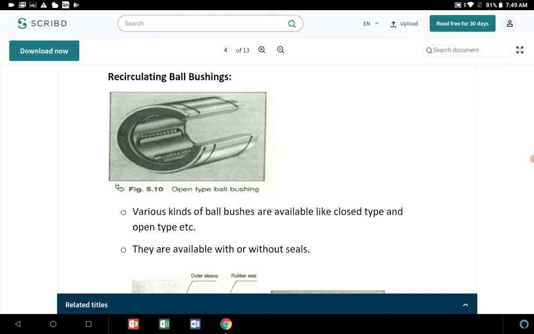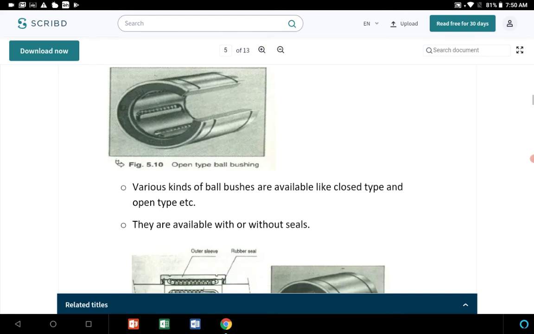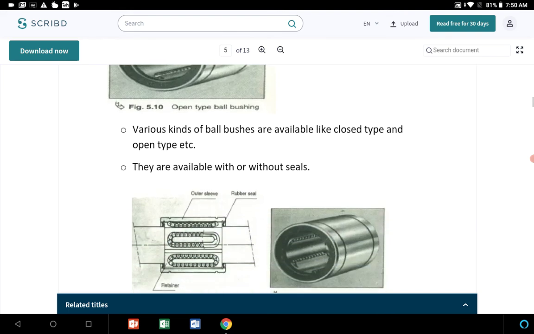Accordingly, the movement takes place, either rotary or sliding type, so that instead of direct contact of the moving members, there will be balls or rollers placed on which they slide. This is another one.